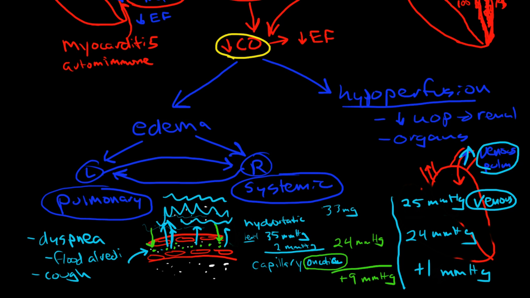And then obviously in the systemic circulation you're going to end up with pedal edema, and if it gets bad enough you'll end up with edema in the liver and other organs and anasarca.